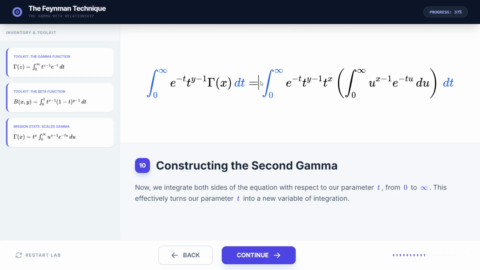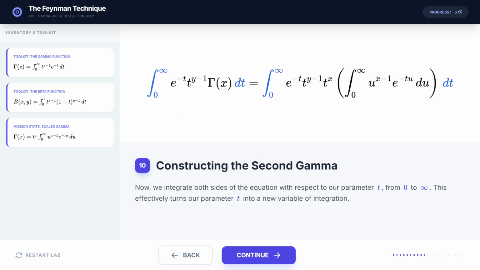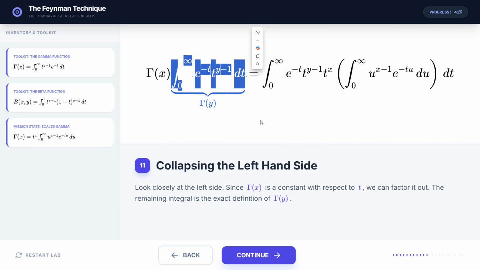And we can use Fubini's theorem over here after we combine some stuff. So let's do that. You'll notice that after we factor out that gamma of x in this integral, all that's left is gamma of y. This is our gamma function of y. And then we have this still on the right-hand side.